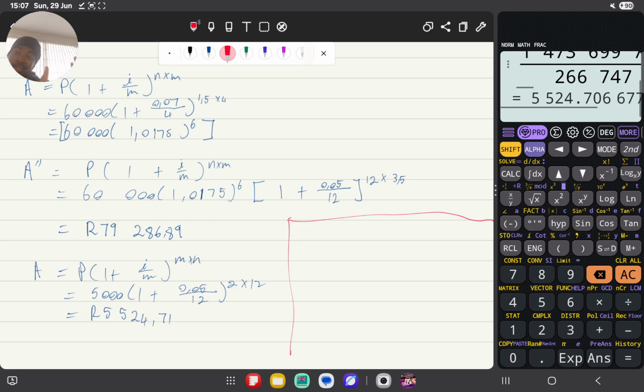So for the last 2 years in our timeline, the 5,000 was no longer there, implying also even this interest. This is the interest that this 5,000 that you see here, not the 5,000, 524 rands and actually 71 cents.